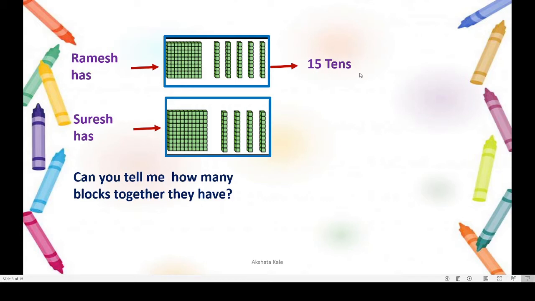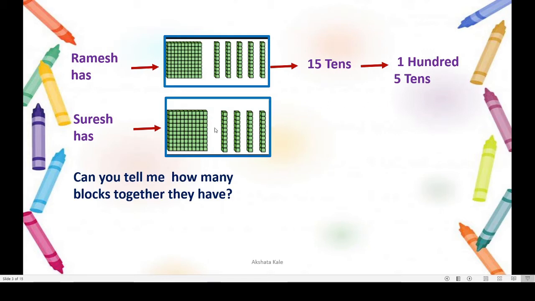If you want to write it clearly, we will write 15 tens is equal to 1 hundred and 5 tens.